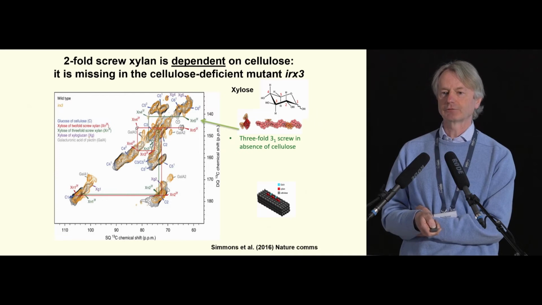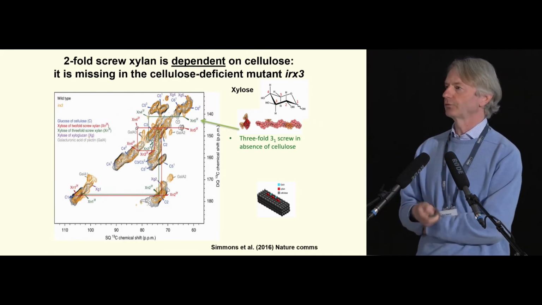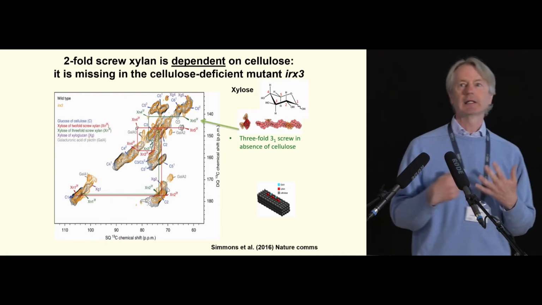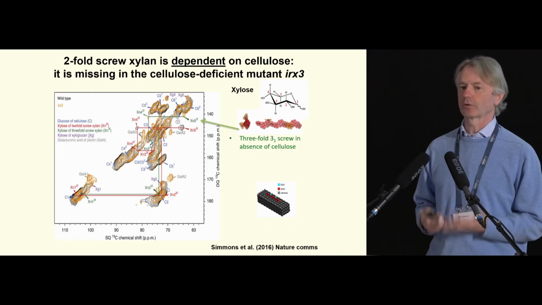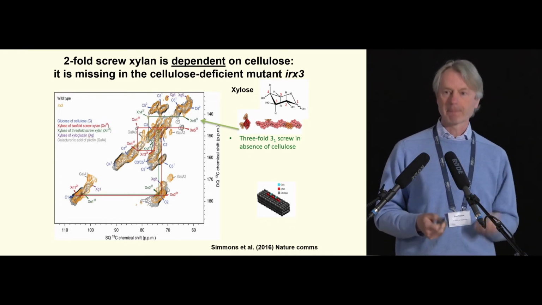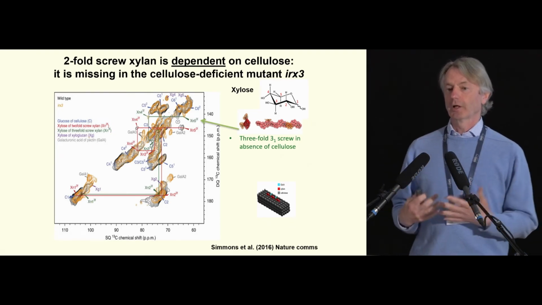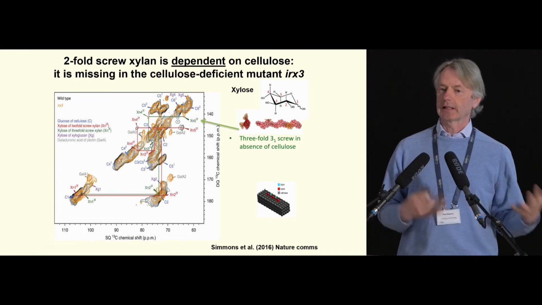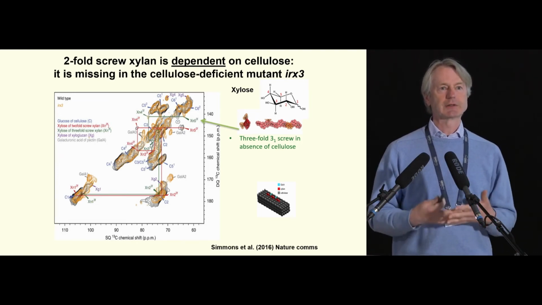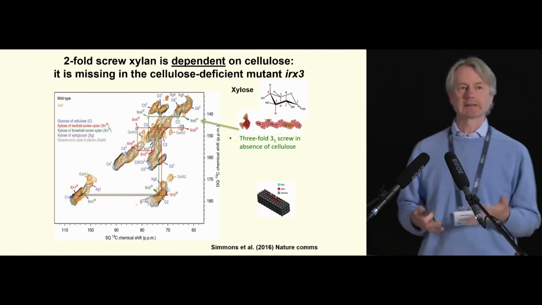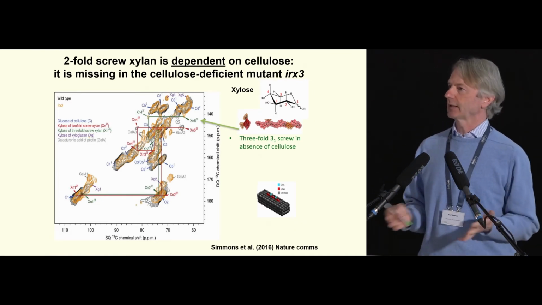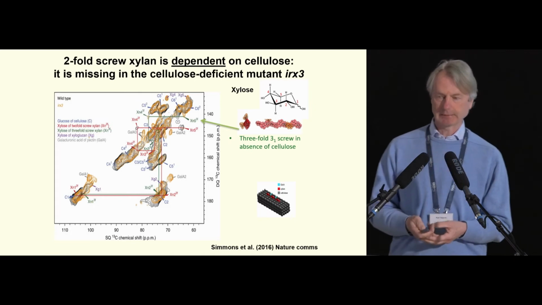In the cellulose deficient mutant, we essentially don't have the two-fold screw flattened xylan, and that tells us that in the assembly of the cell wall, we need cellulose in order to change the conformation of xylan. Therefore, we think this is a xylan-cellulose interaction that's causing this change in conformation. Through-space solid-state NMR experiments also indicate the xylan is close to the cellulose.